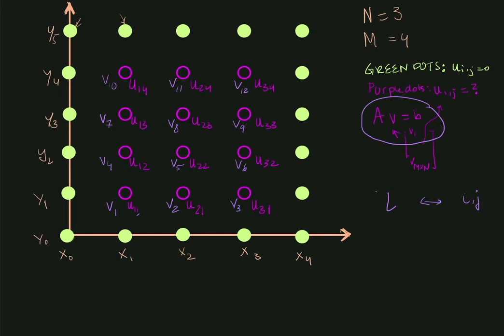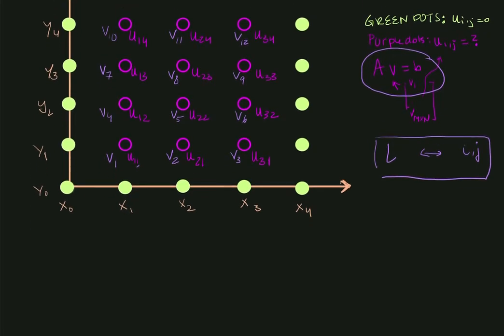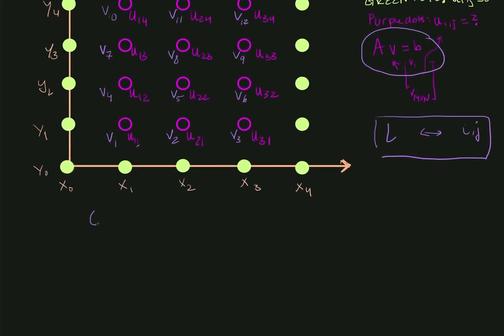So in order to know that, you will need to be able to translate between the l's and the i's and j's. Let's start with the easy one first. Given i and j, l is equal to (j minus 1) times n plus i.